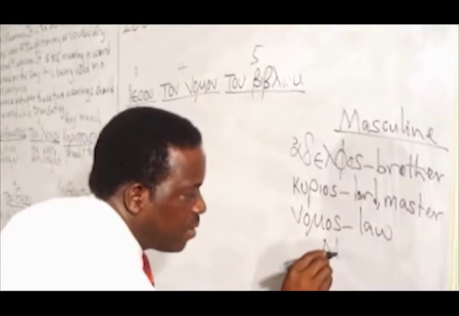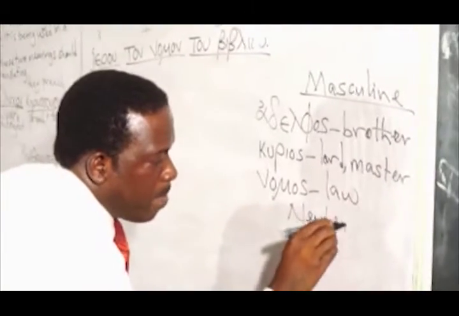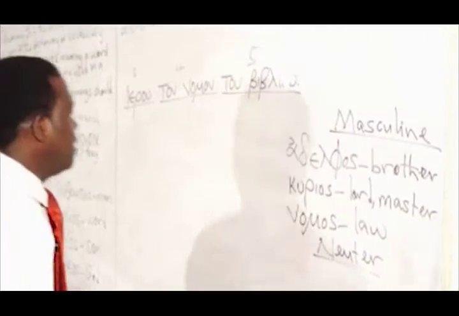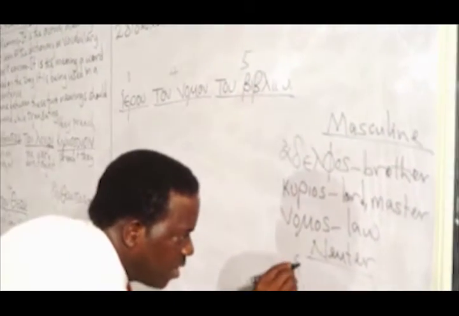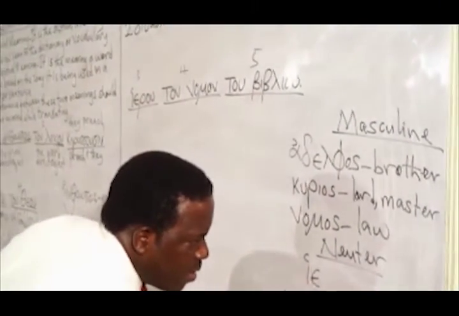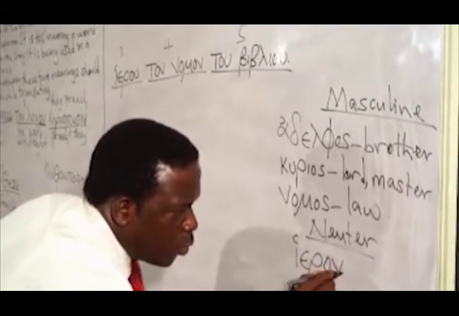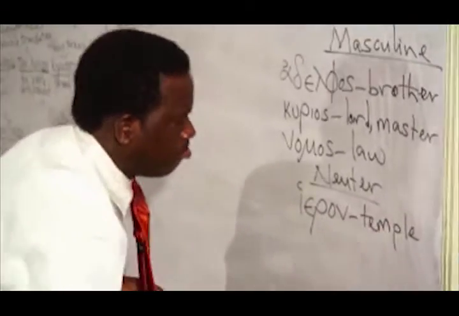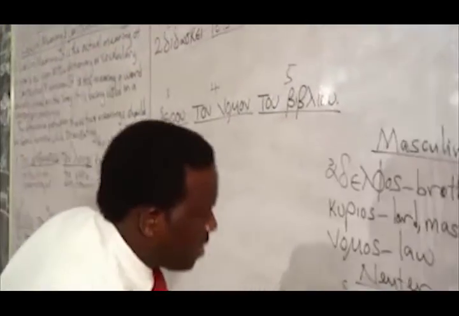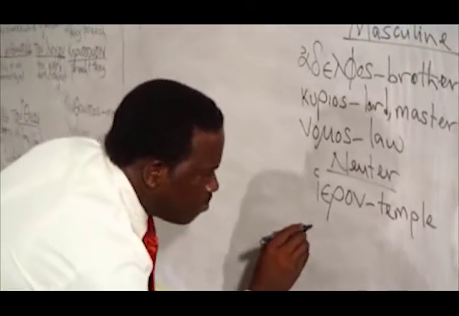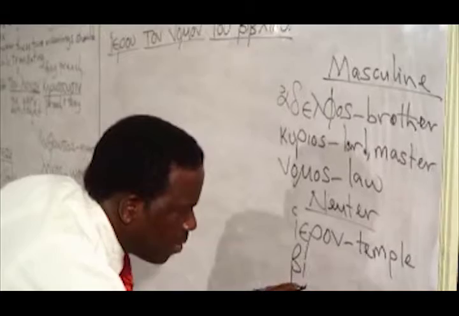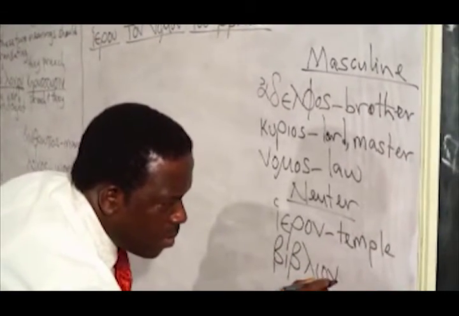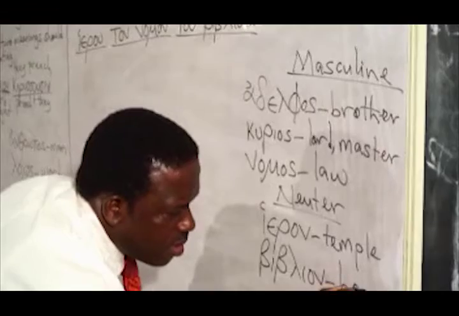Okay, neuter. In the neuter, we have the first one, hieron, which means temple. And the second one is biblion, which means book.